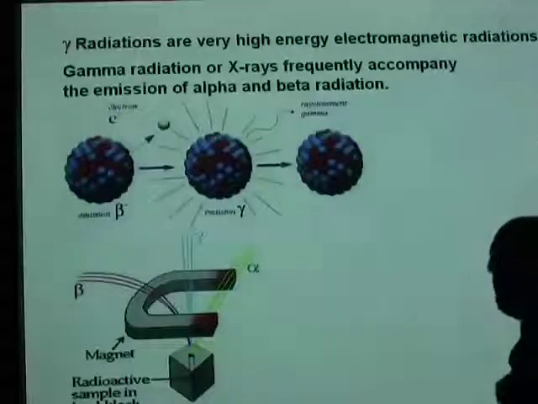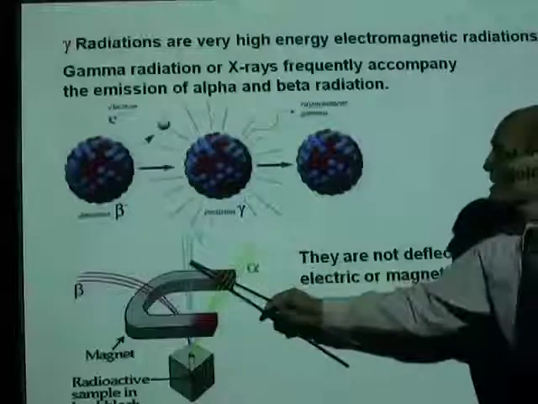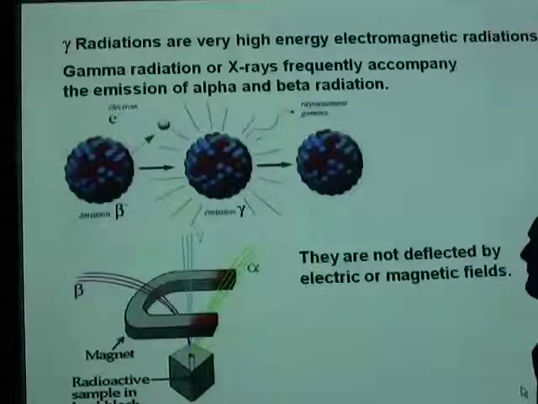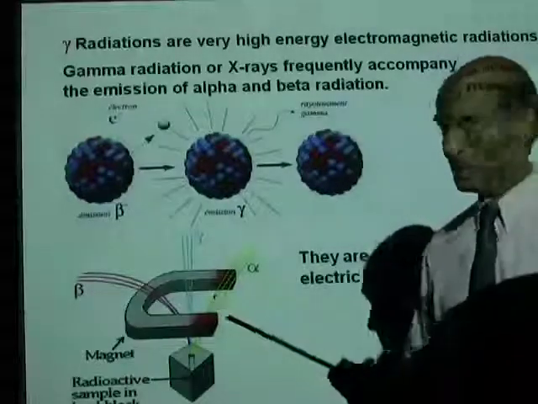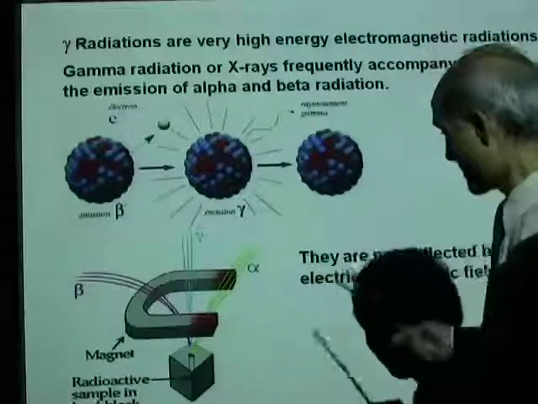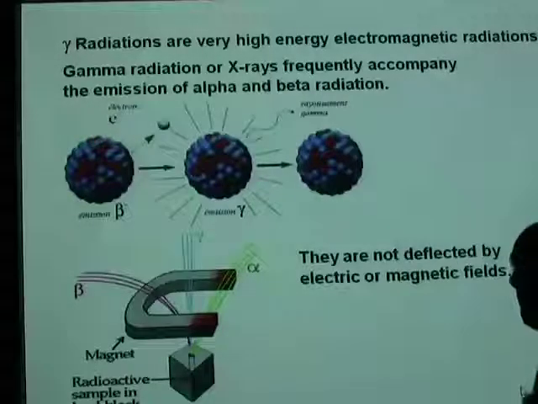Well, we have already looked at these pictures. These gamma radiations are not deflected by electric or magnetic fields. But none of the electromagnetic radiations can be deflected by electric or magnetic fields.